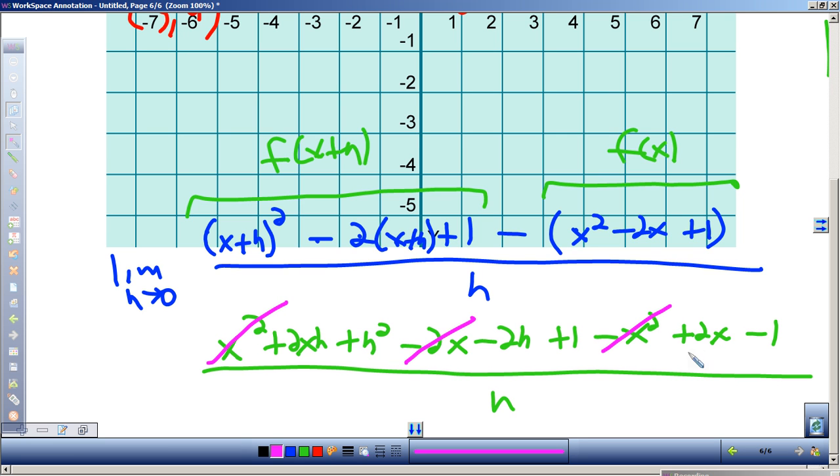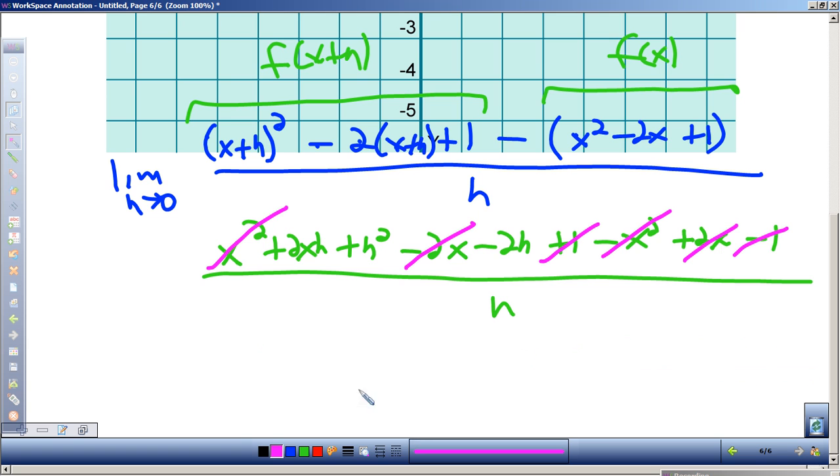So you've got negative 2x and a positive 2x. Okay, 1 and negative 1. Something you should be noting: is there any pattern as to what stuff cancels out, or what stuff does not cancel out? What's common in all things that didn't cancel out? Okay, 2xh plus h squared minus 2h all over h.